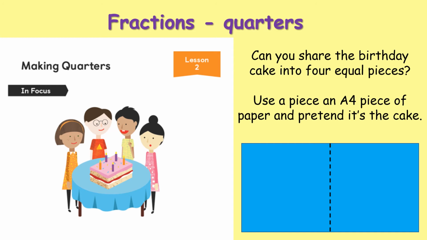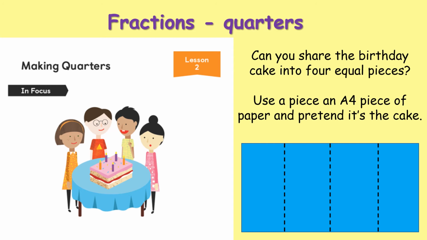Okay, so let's add another line. Oh, and another one. Here I've cut it into 4 equal pieces. These 4 equal pieces are all the same. Okay, they're all the same.